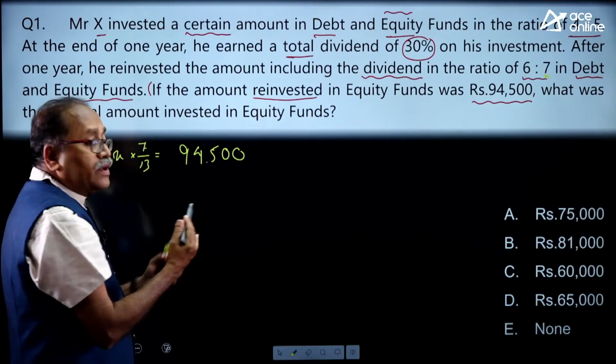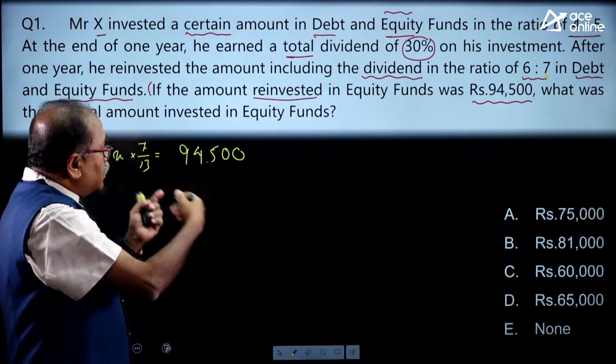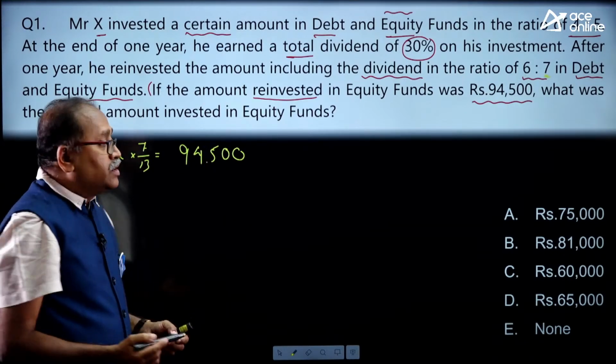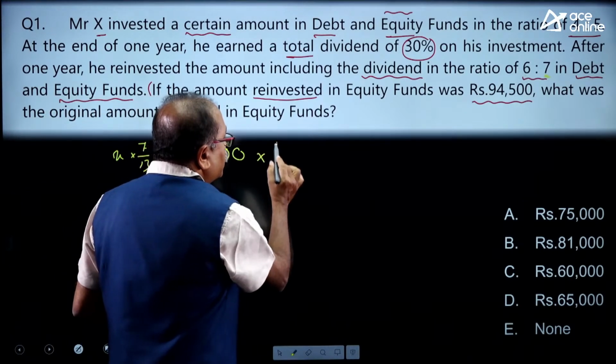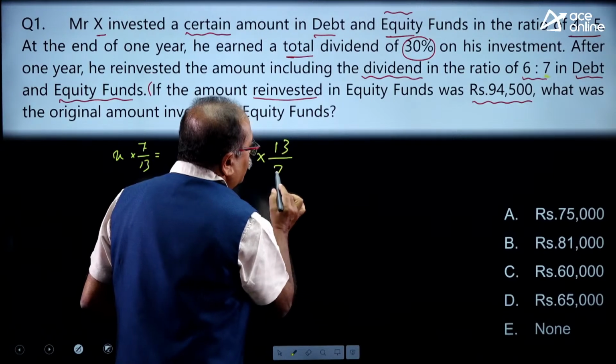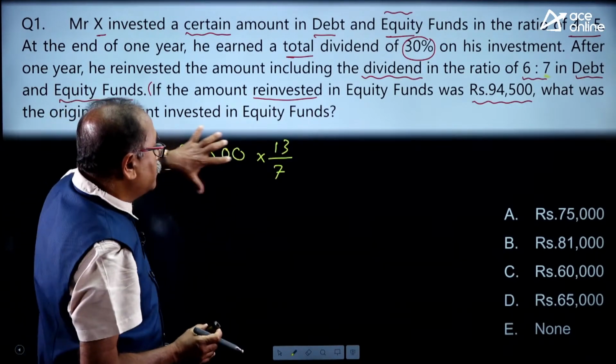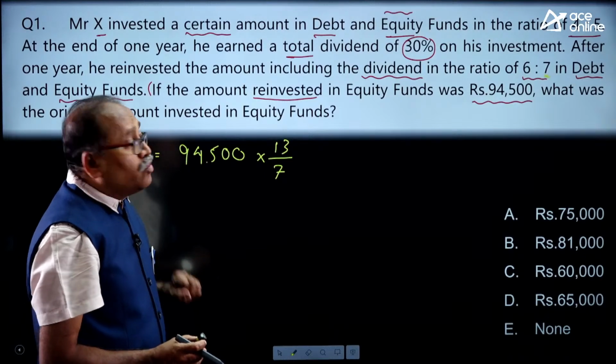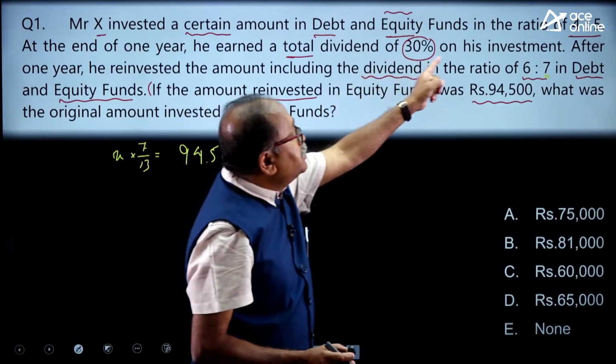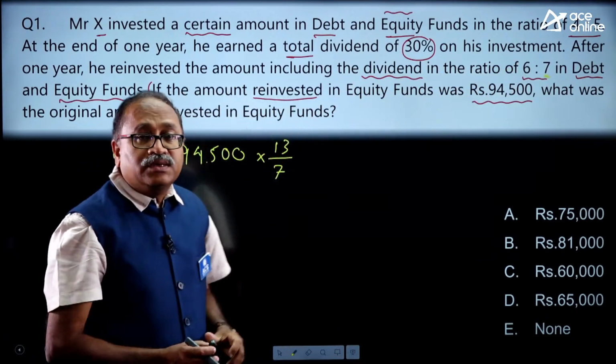So what is the x value? That means the previous value will be 94,500 times 13/7. I am going back. So this value is what part? It is 130% of 9x.